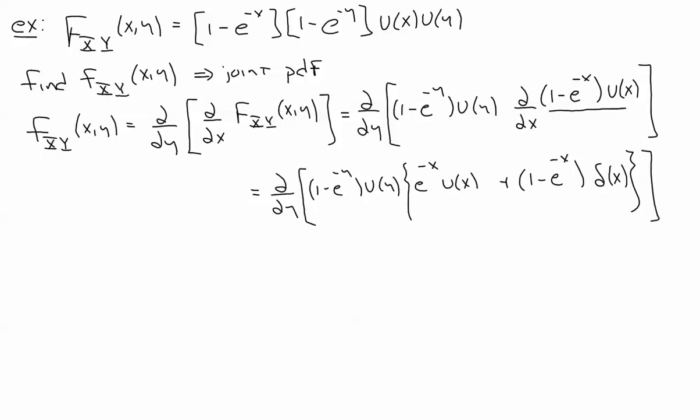That's what that becomes. You'll remember that when I take the derivative of a step function, here, when I'm using my chain rule, I get a delta function as a result. Using similar steps, I can take the derivative with respect to y of all of that stuff right there, and my result is the following.